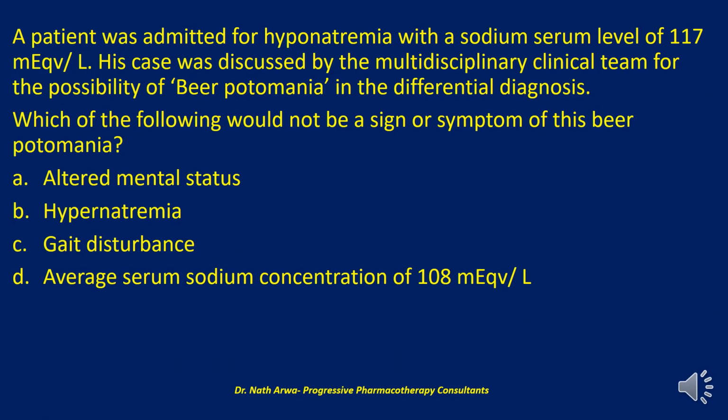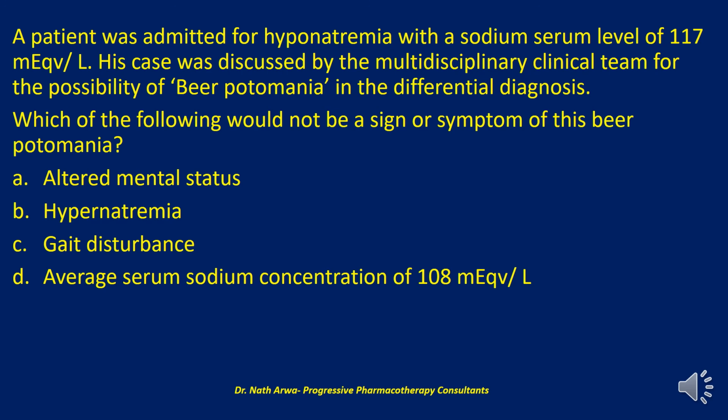which reads: a patient was admitted for hyponatremia with a sodium serum level of 117 milliequivalents per liter. His case was discussed by the multidisciplinary clinical team for the possibility of beer potomania in the differential diagnosis.